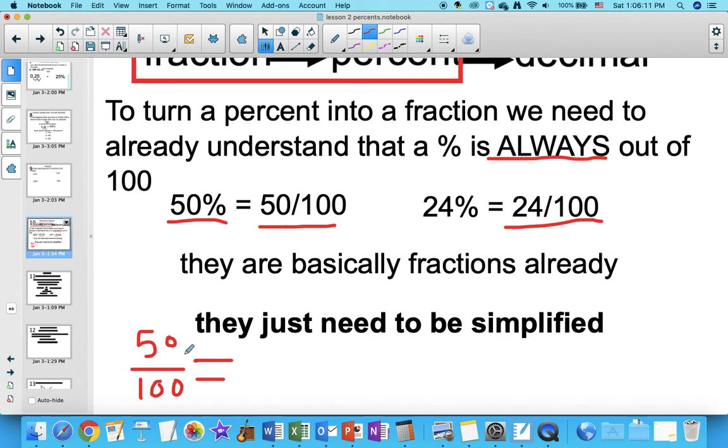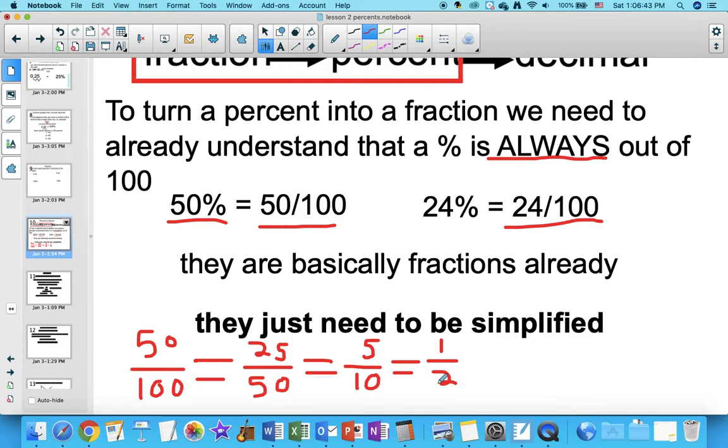Whatever I do to the bottom, I do to the top. Divided by 2, that's 25 over 50, right? Well, I can keep going. I can divide both by 5, so that would be 5 over 10. I can still keep going. I can divide both by 5 again, which would make it 1/2.